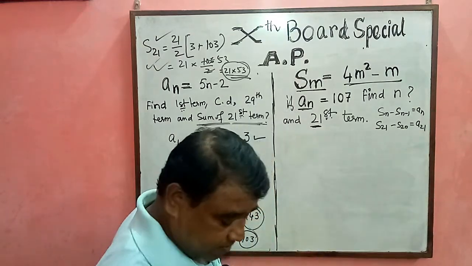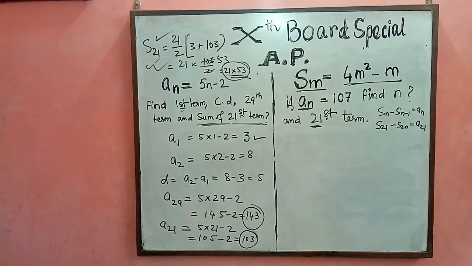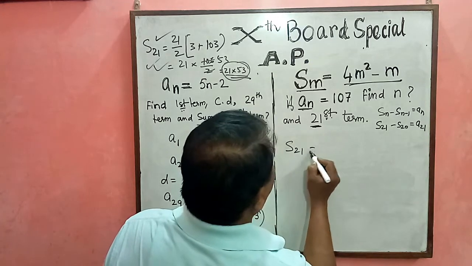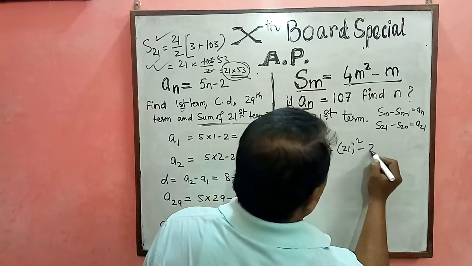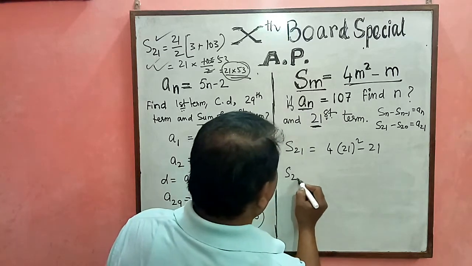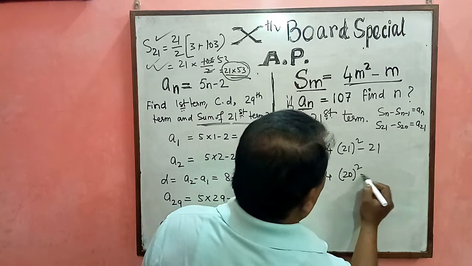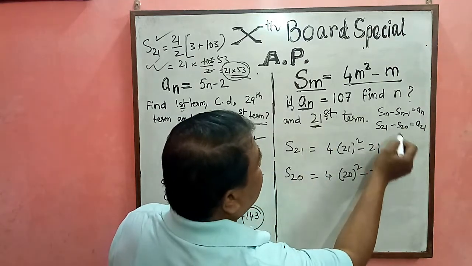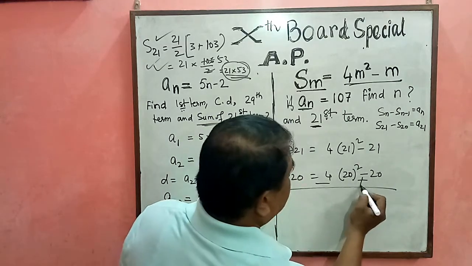Here you see, S21 is 4 into 21 square minus 21. S20 is 4 into 20 square minus 20. If I take the difference between these two, that means if I subtract, this is plus.